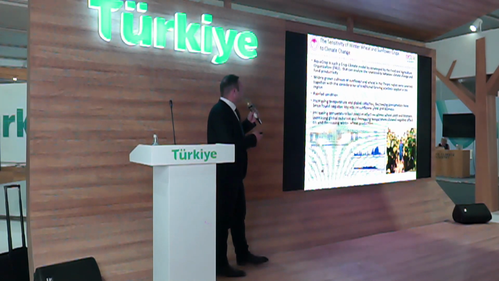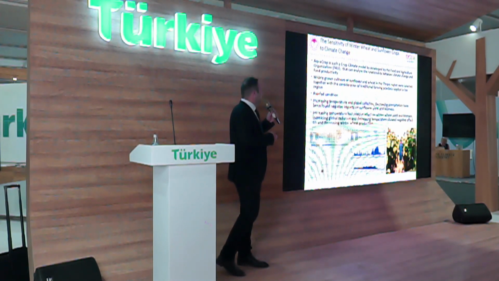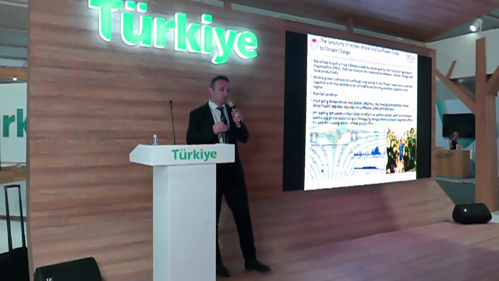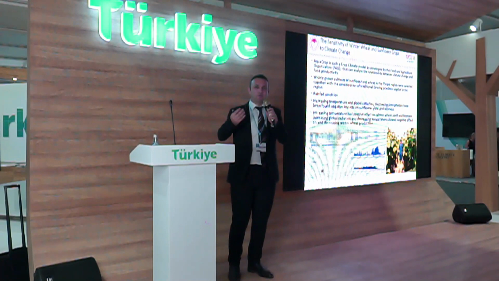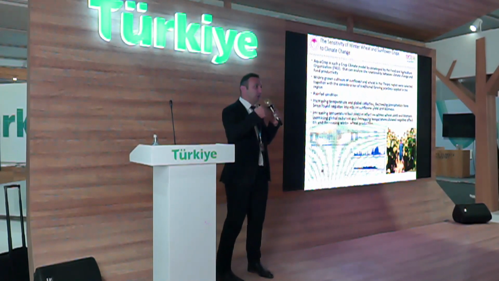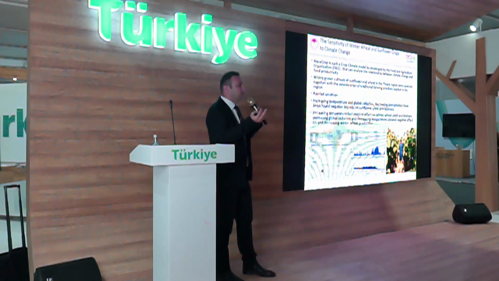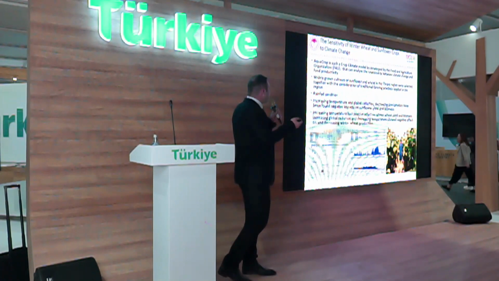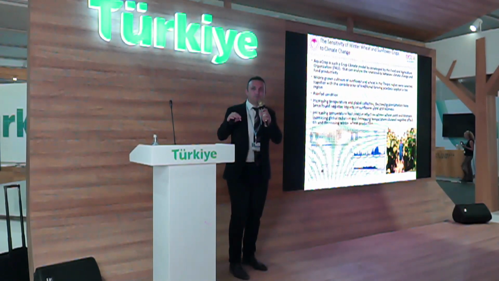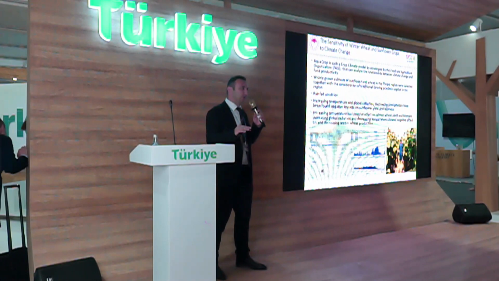Another study is the sensitivity of winter wheat and sunflower crops to climate change. In this study, we increase the average temperature and average solar radiation, and there is also a rain-fed condition with no irrigation.